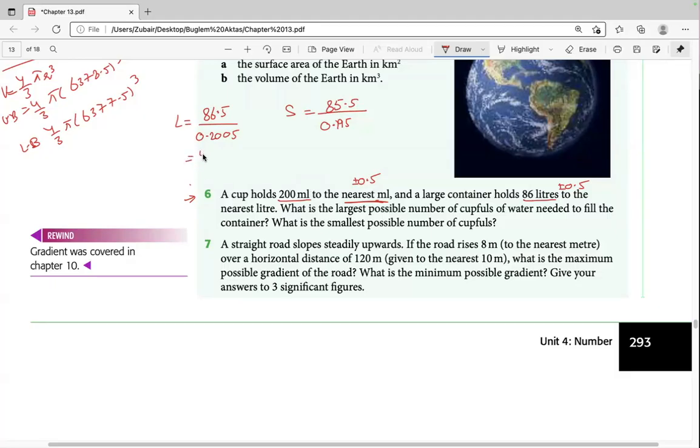So this is 431.4. And 200 minus 0.5 is actually 199.5, so 0.1995 liters.